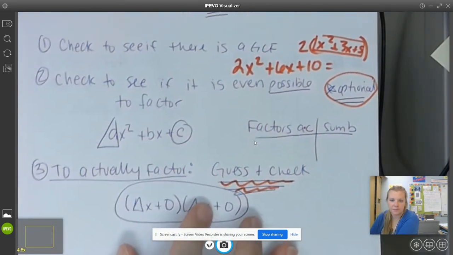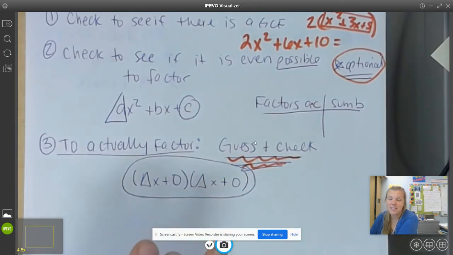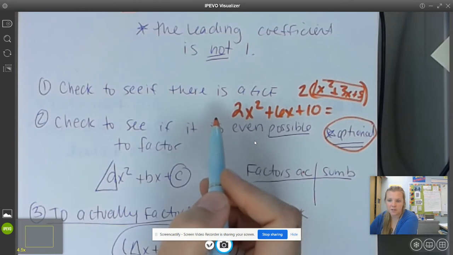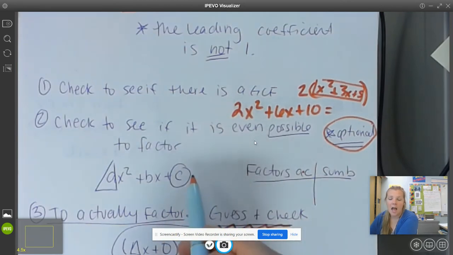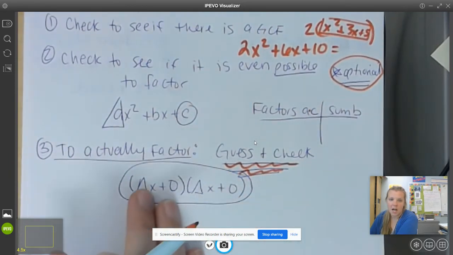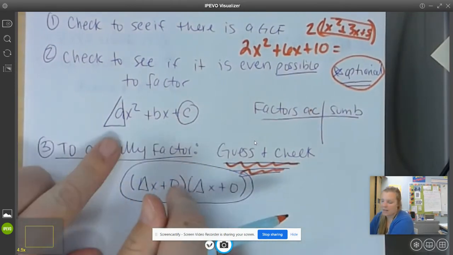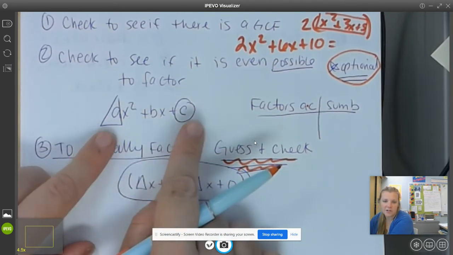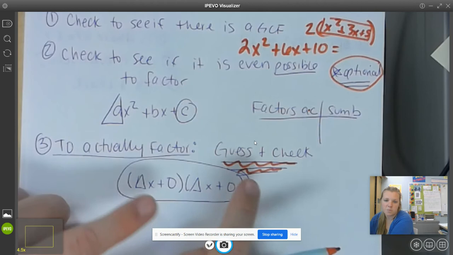And we'll do an example. And then the last step, after you know there's no greatest common factor, we can't avoid this process. After we know it's possible to find the answer, then we guess and check. And I have triangles around the A and a circle around the C, and so we're going to find the factors of each of these, and we kind of just break it up.